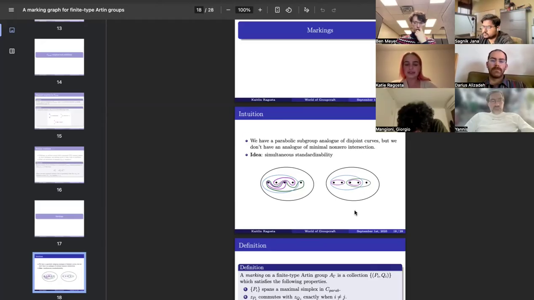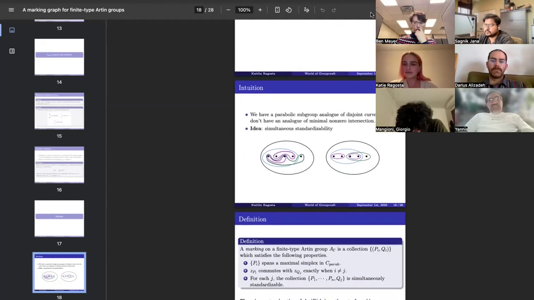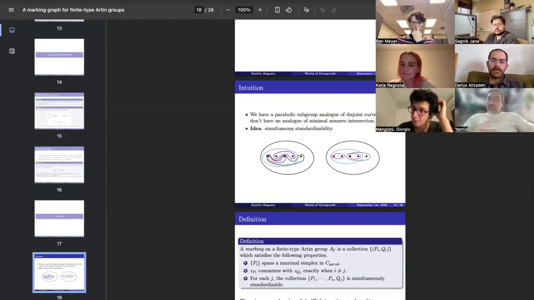Is there some meaning behind the number of intersection points that you will allow? Sure.